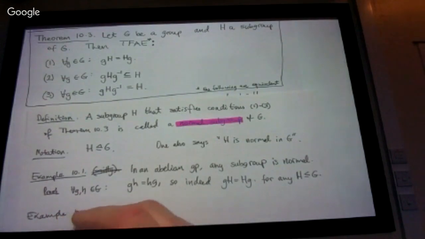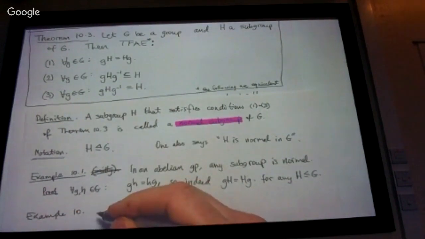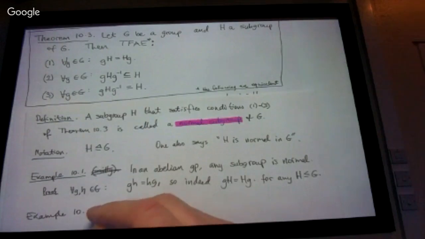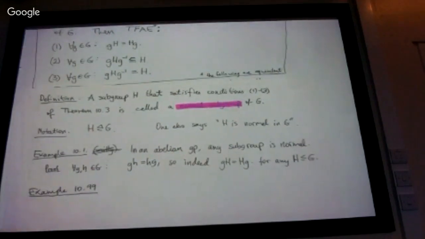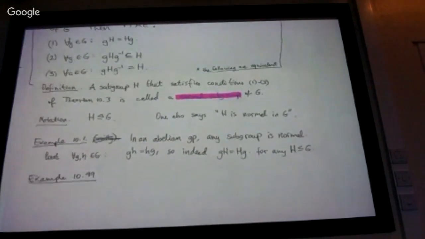Example 10.99. It's not in the book, so I can give it any number.